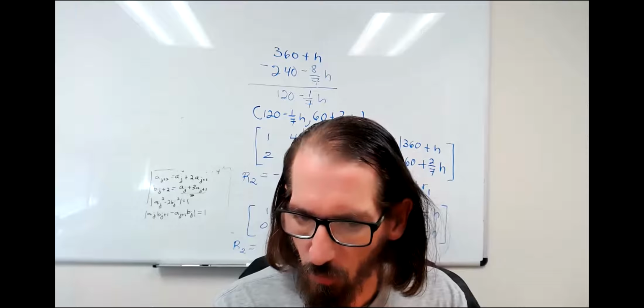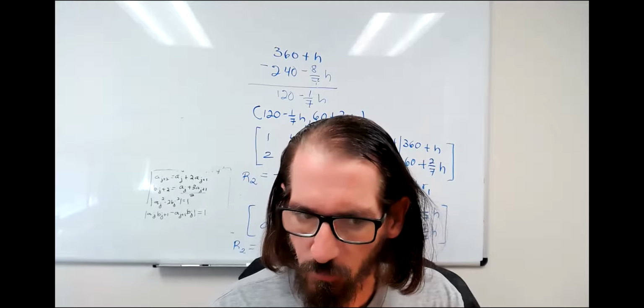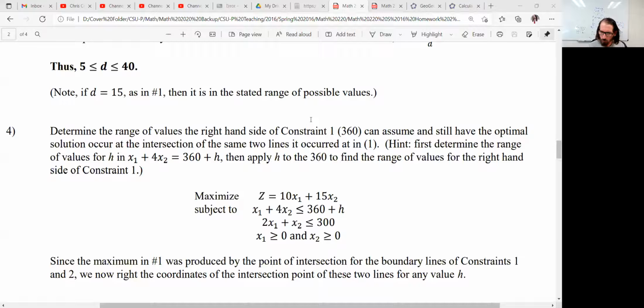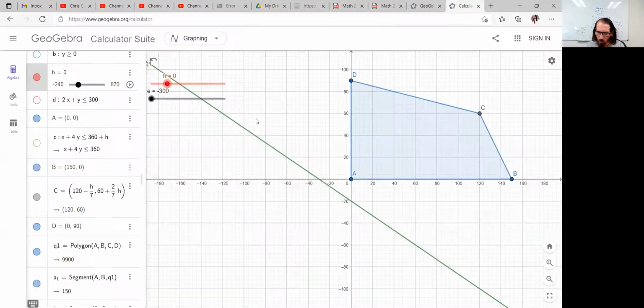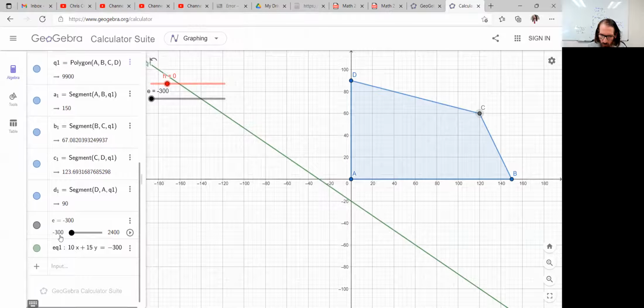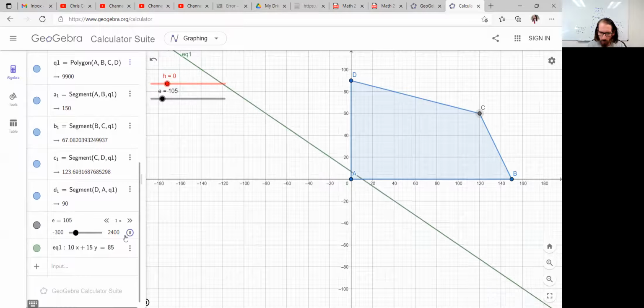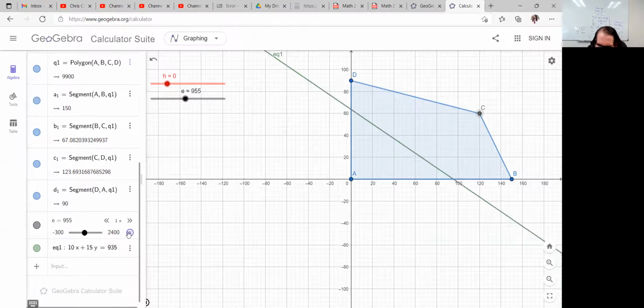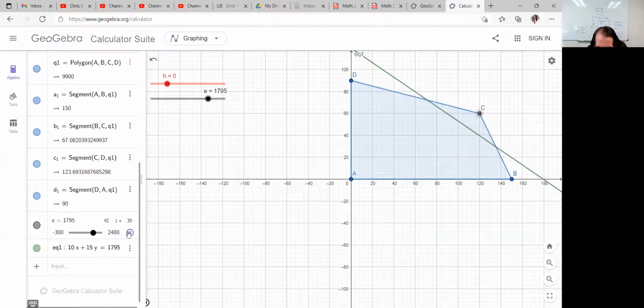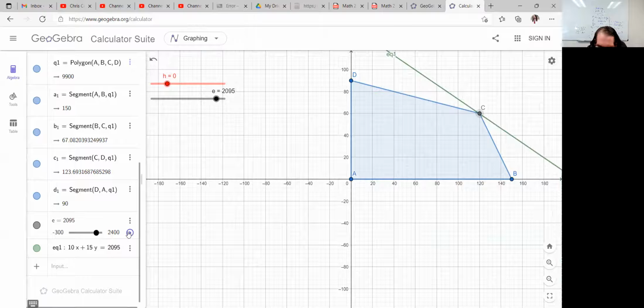Okay, remember that we were maximizing the following function. Z equals 10x plus 15y, if we replace x sub 1 with x and x sub 2 with y. All right. So in our original problem, we were sliding around the objective function here and finding a maximum was being caused at 120, 60.